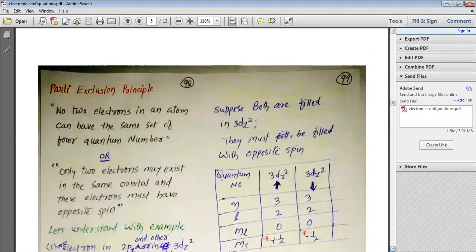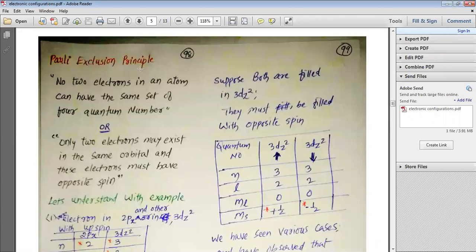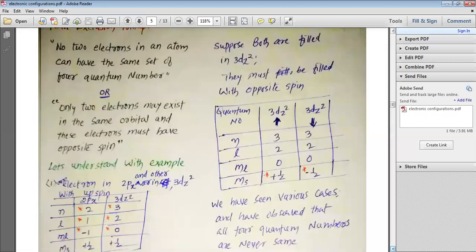Then we studied Pauli's exclusion principle, and this principle says that no two electrons in an atom can have the same set of all four quantum numbers, or we can say only two electrons may exist in the same orbital, and these electrons must have opposite spin.